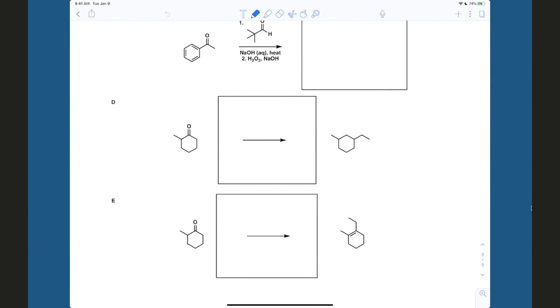You could have done it before learning anything in this section. It's just there to make sure that we can build molecules. I'm saying on E, you can actually solve this without using reactions from this section.